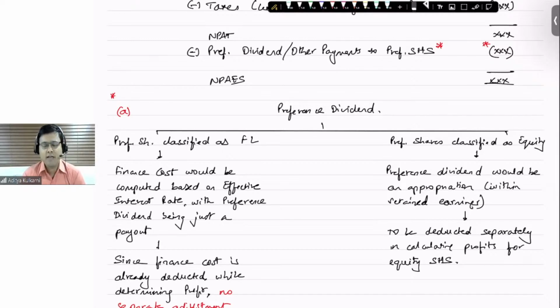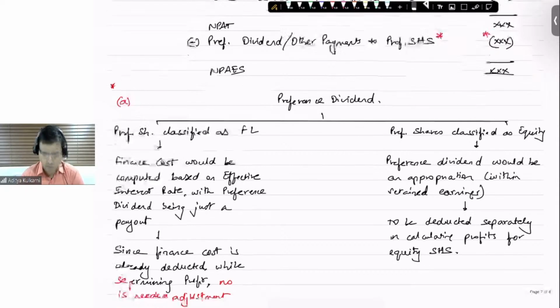If it was to be classified as equity, for example, irredeemable preference shares with discretionary dividends, it's not a reality under the Companies Act 2013, but under Ind AS it's definitely possible. So it bears the features of equity. So at that point of time, preference dividend would be an appropriation which will be deducted separately to determine net profit for equity shareholders.